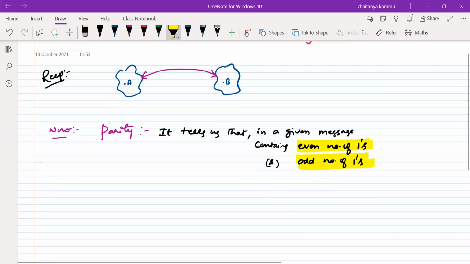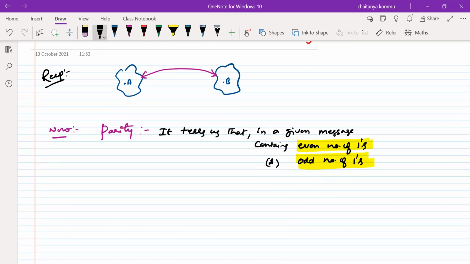We have to involve this concept in creating a code. Whenever I am sending some message, a message is nothing but a set of bits, right? 0 1 0 1 1 0 1 0, something like this. You have to add an extra bit to it.